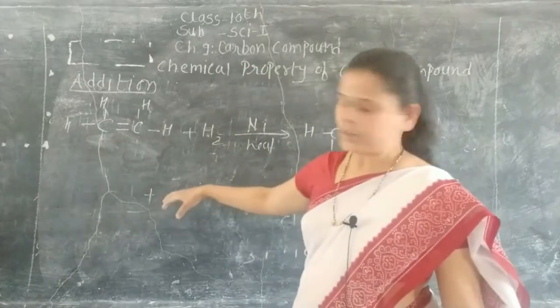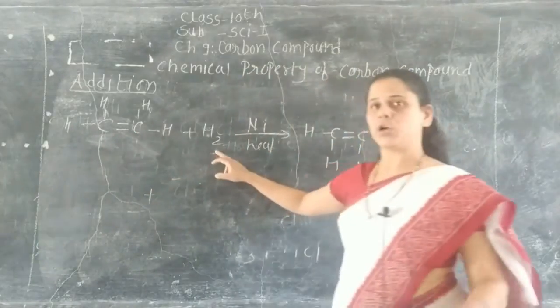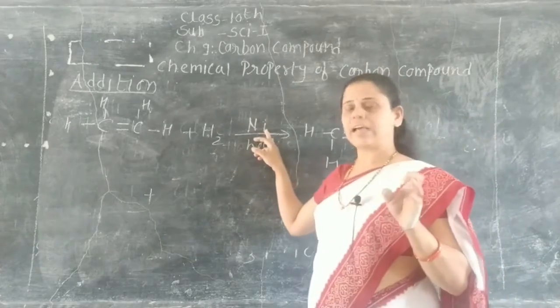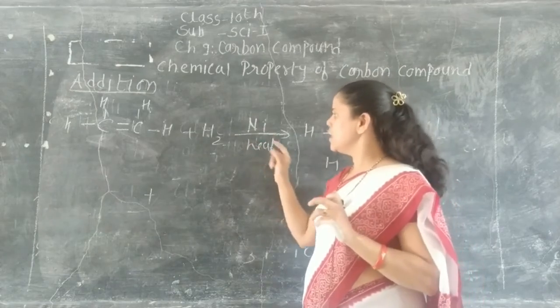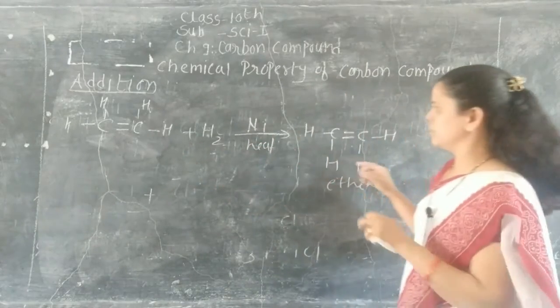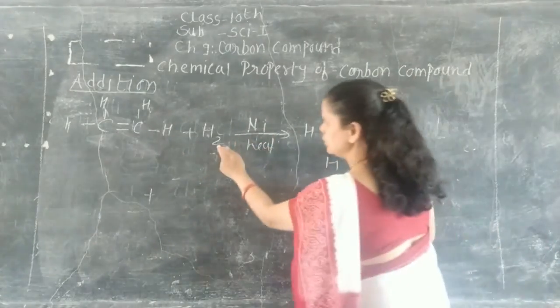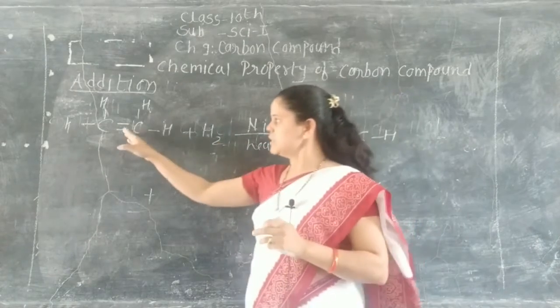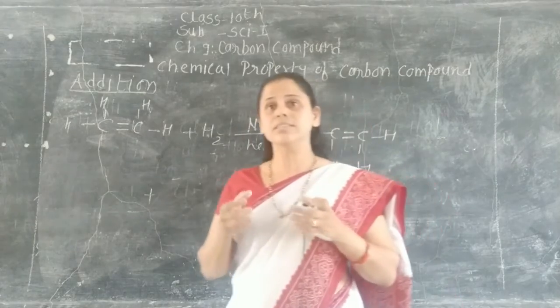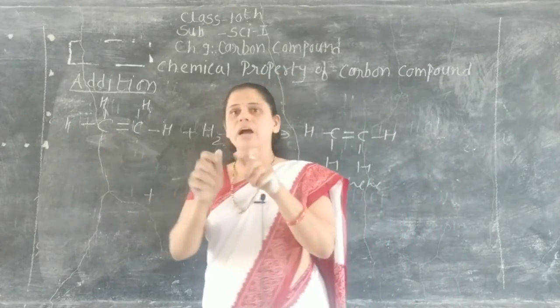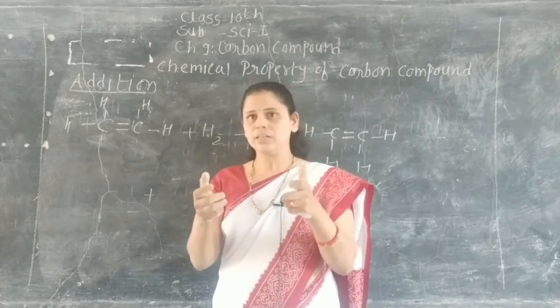When ethene reacts with hydrogen in the presence of a catalyst, that is nickel, then this bond breaks down, clear?